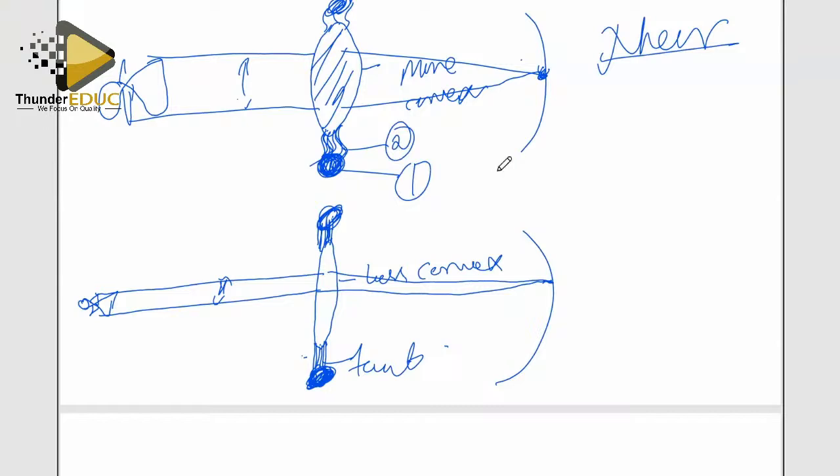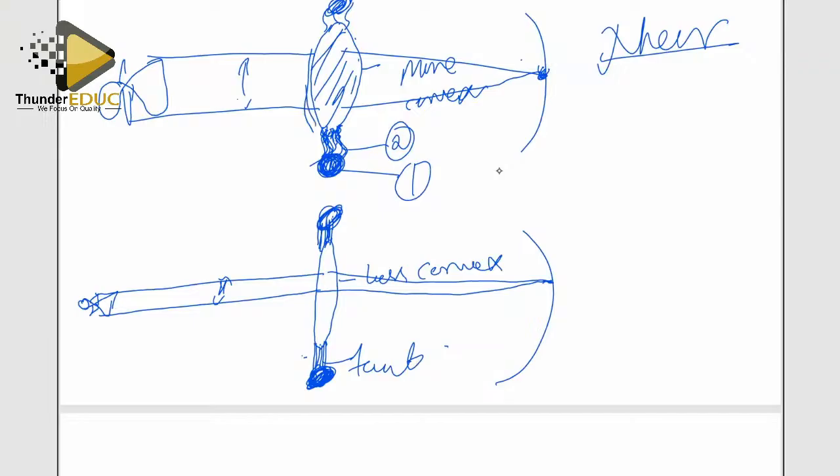the tension on the lens will decrease. If the tension on the lens decreases, it means that the lens will become more convex.